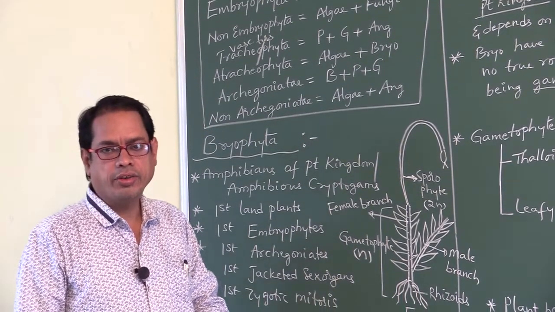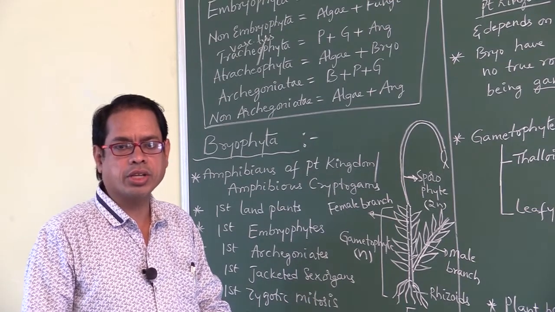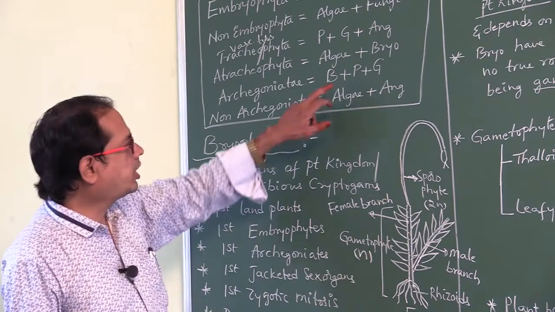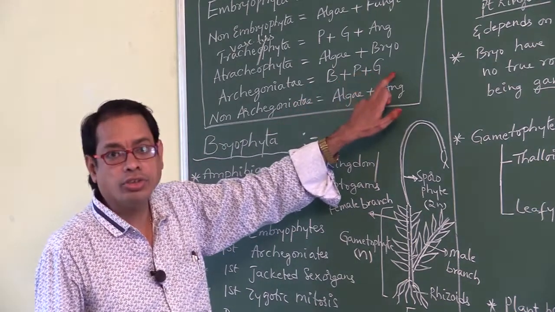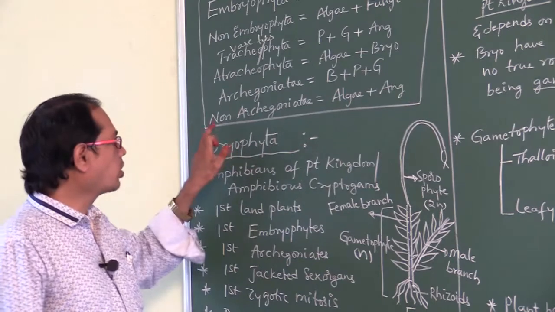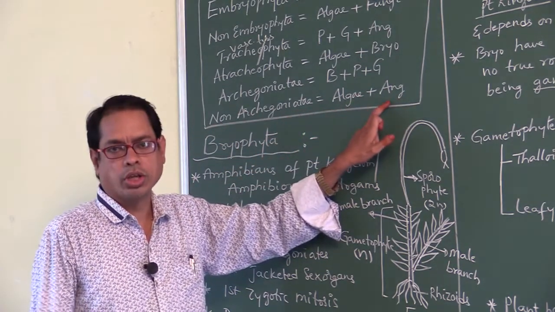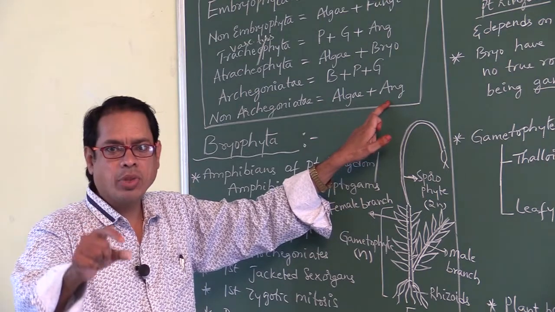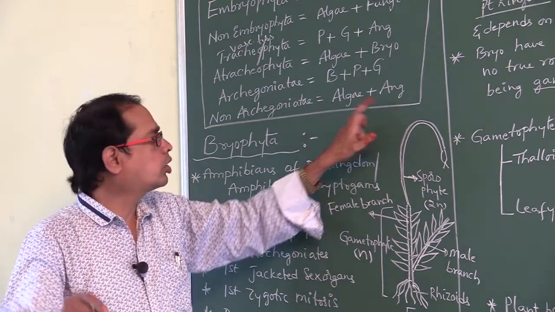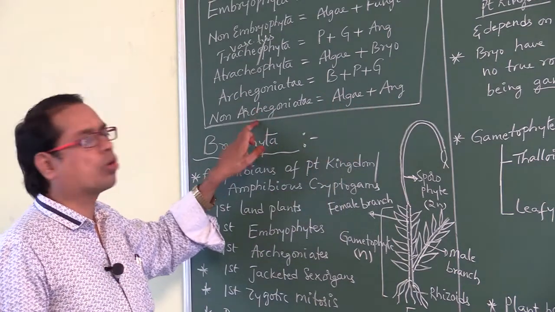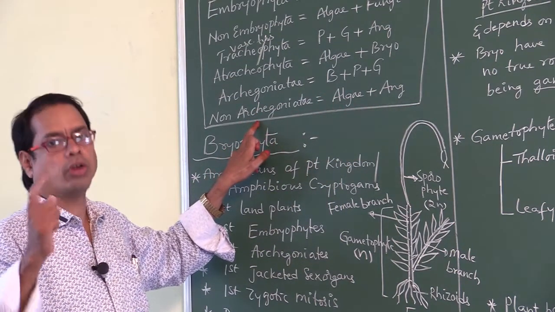The individual members in the gynoecium are called carpels. So do not write angiosperms here. Non-archegoniate are algae and angiosperms. The common point between algae and angiosperms is the absence of archegonia. Those points you have to remember.